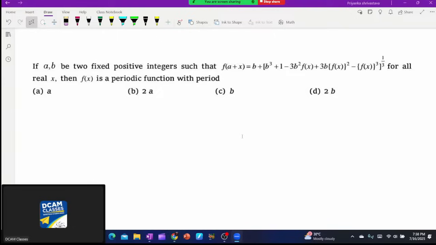How do you simplify it? You have to apply all your concepts.